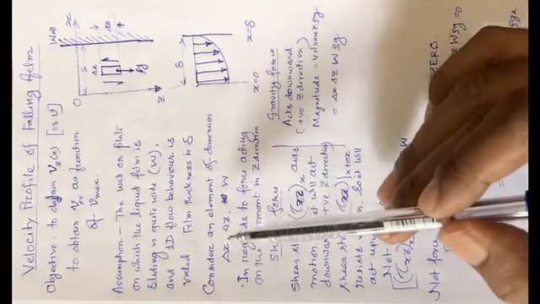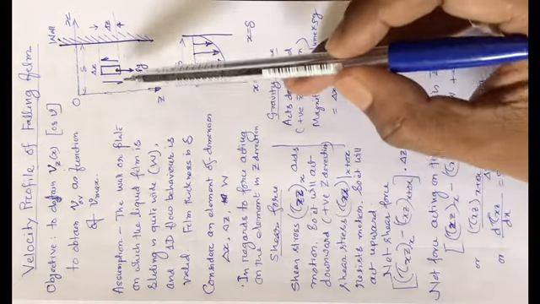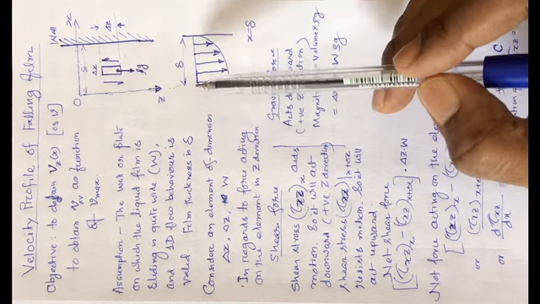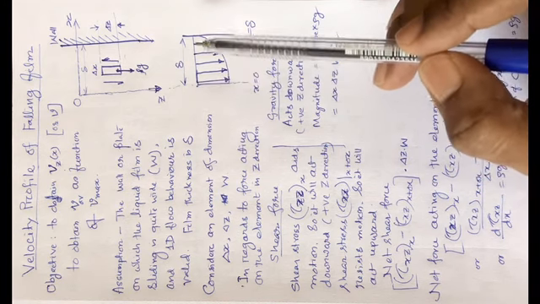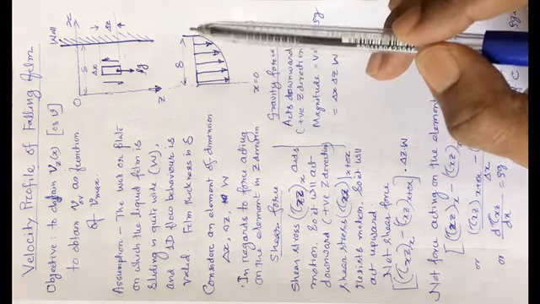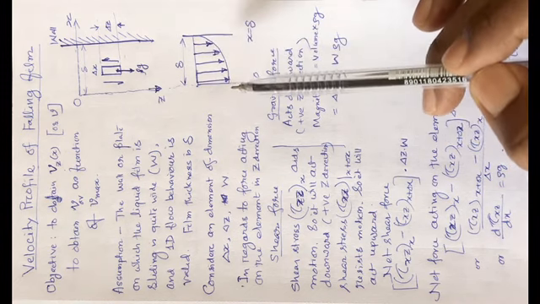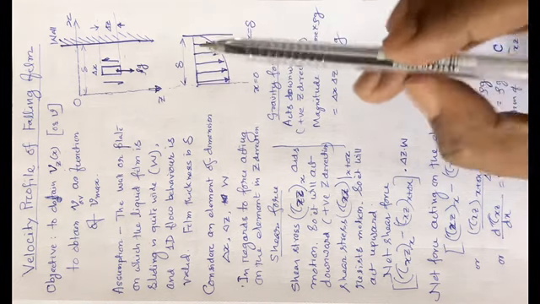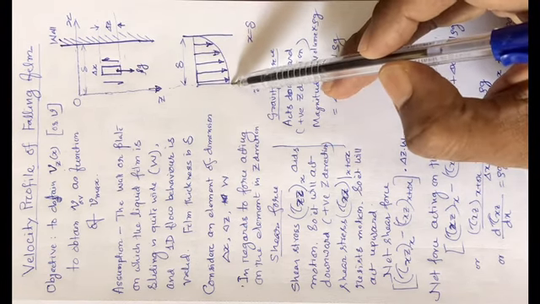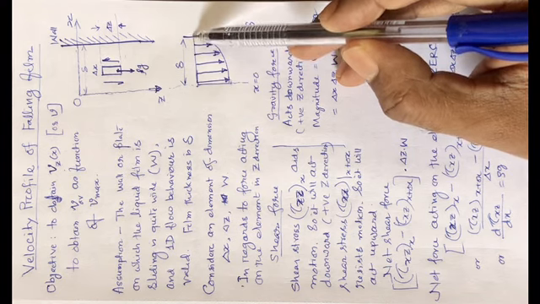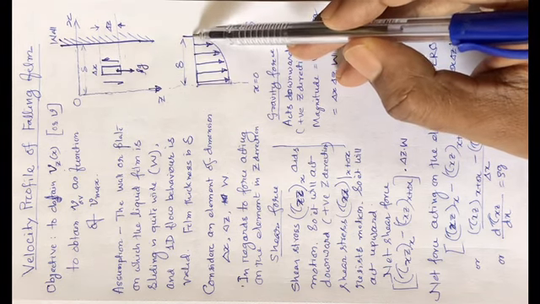Within this film we anticipate the velocity profile to be like this. We will get the exact expression for this profile, but we are sure that at the outermost surface it will be maximum, and at the interface it will be 0.